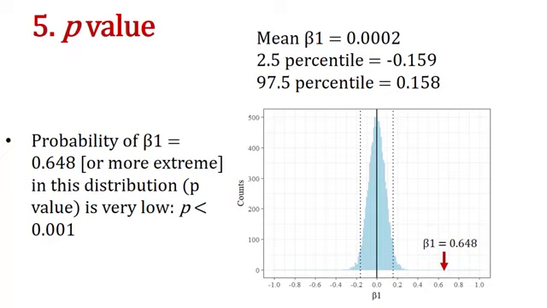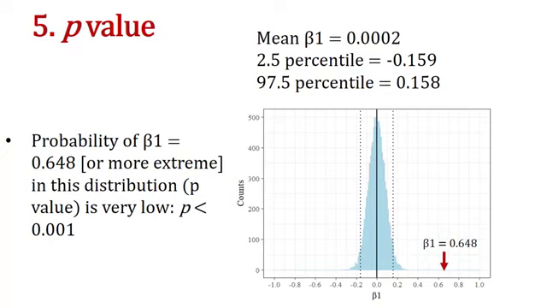In the actual sample, we obtain a sample of 300 participants, and we have study hour values and academic achievement values, and we run a linear model. We obtain the beta 1 statistic, and the value we obtain is 0.648.